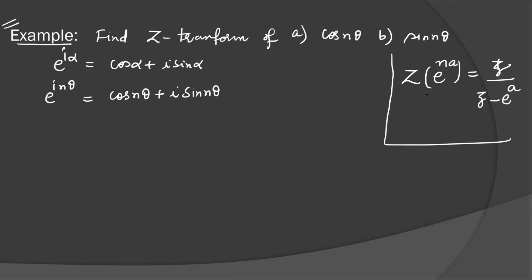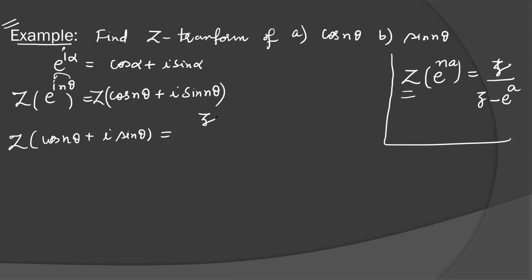Now if you take the Z transformation here, both sides, you will get Z of cos n theta plus iota sin n theta is equal to, now if you compare with this result, you can see that in place of A we have i theta. So it will become Z over Z minus e to the power i theta, because if you compare nA with i n theta, then A will be i theta.